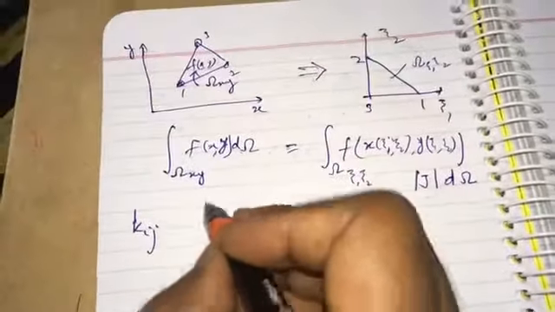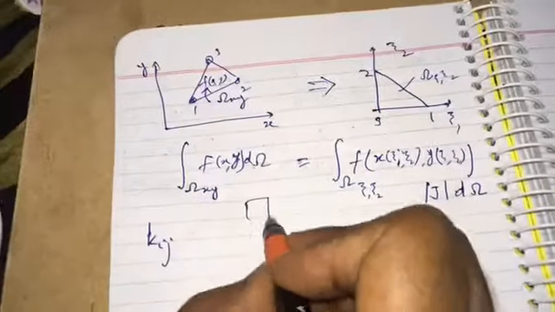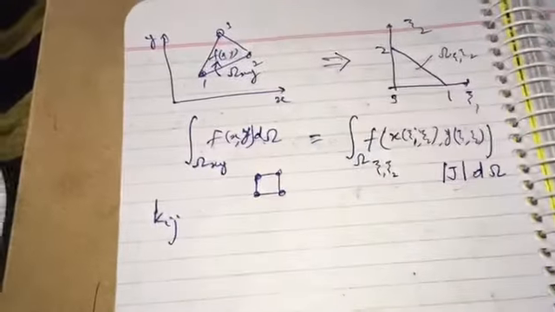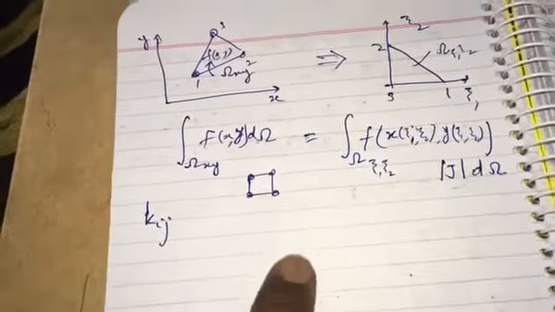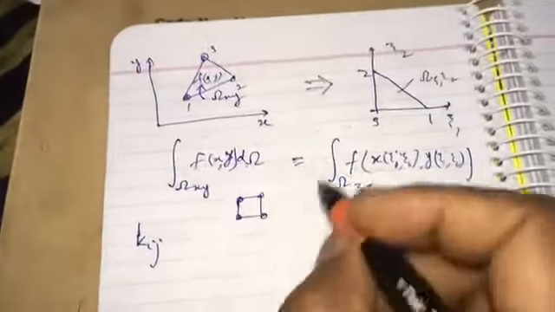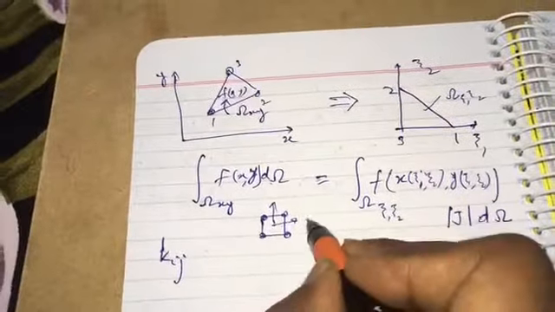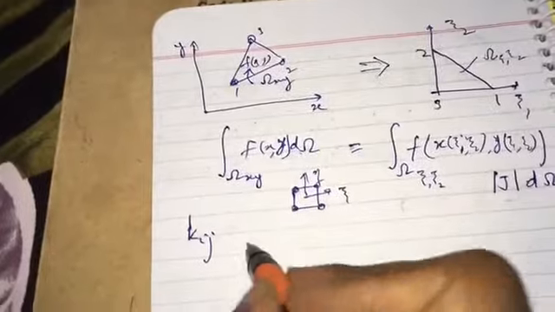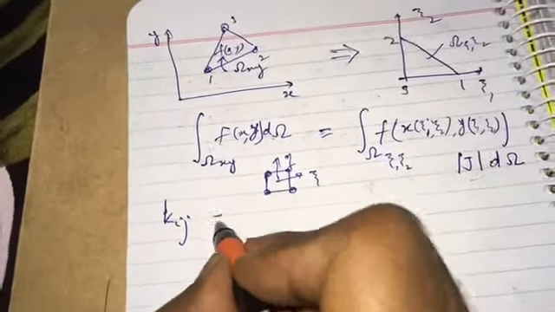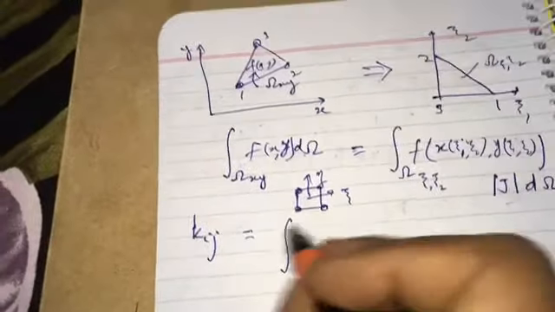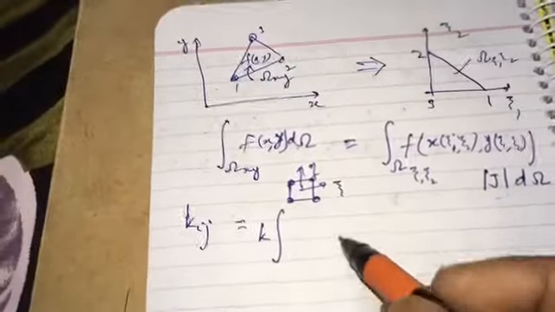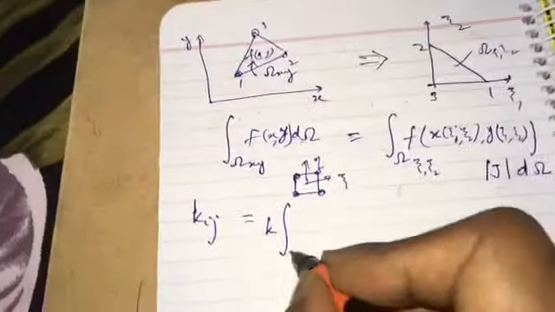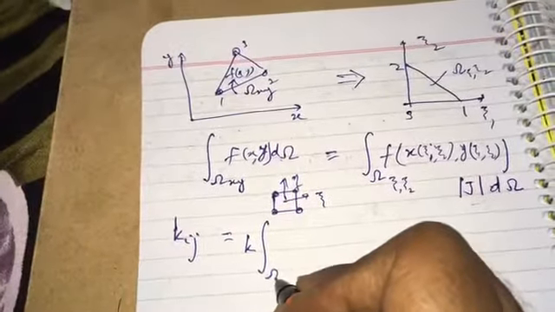If you remember, for a four noded 2D element, we had xi and eta, and we said Kij is equal to the integral of k, assuming k, the conductivity, is constant.